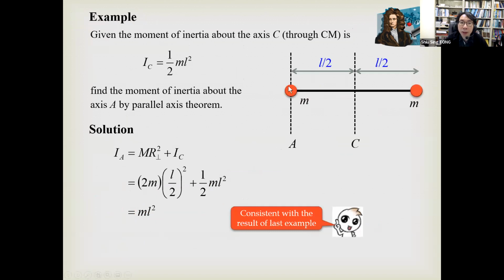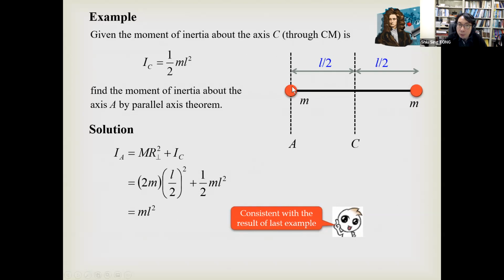Another simple example is this. We've already found that, for example, if we have this dumbbell problem, right? And we have found the moment of inertia about axis A and axis C respectively. Now suppose we know IC. IC, the moment of inertia about axis C, is given by 1/2 ml squared.